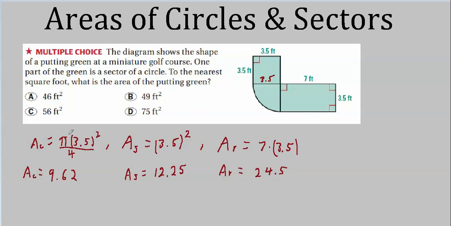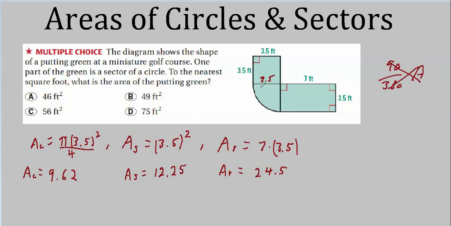And this circle area needs to be divided by 4, because this is 90 degrees, and it would be 90 over 360 times the area of the circle. That's 1/4. So that's all you needed to know.